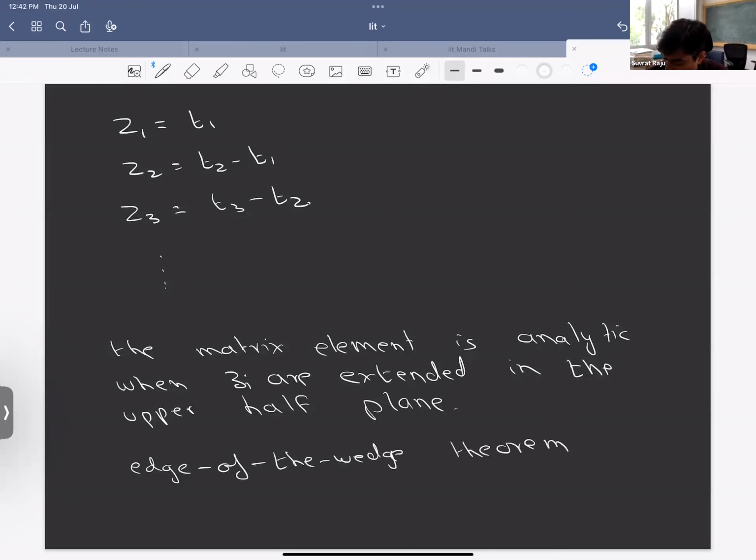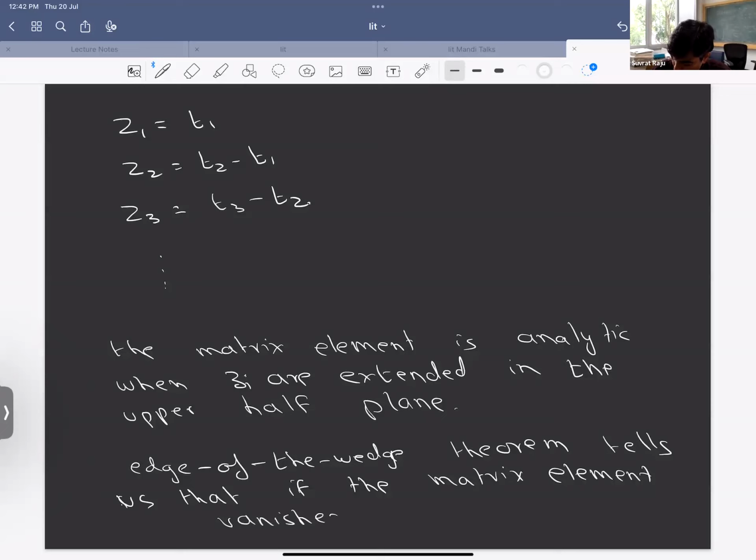The edge of the wedge theorem tells us that if the matrix element vanishes for all ti in 0 to epsilon, it vanishes for all ti. So once again, even for states produced by the action of n of these operators on the vacuum, you can show that if you take the squeezed algebra, that is sufficient to generate the full Hilbert space.